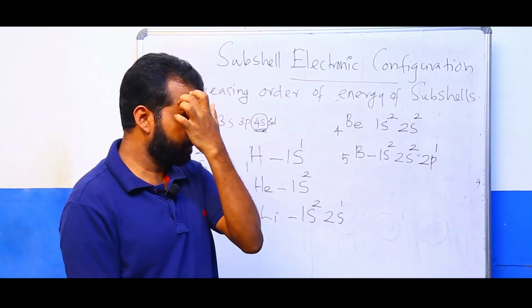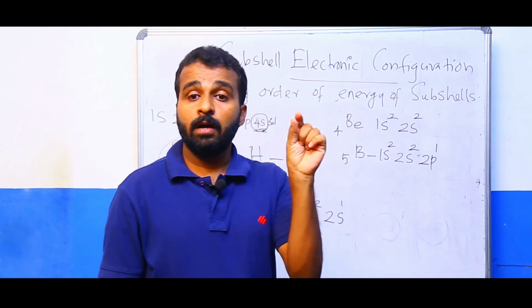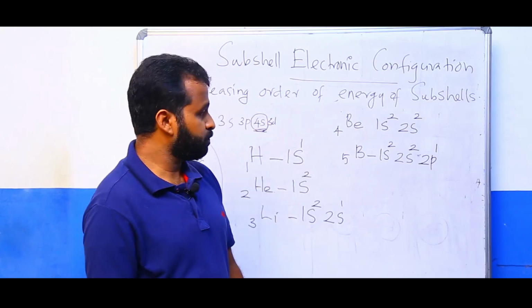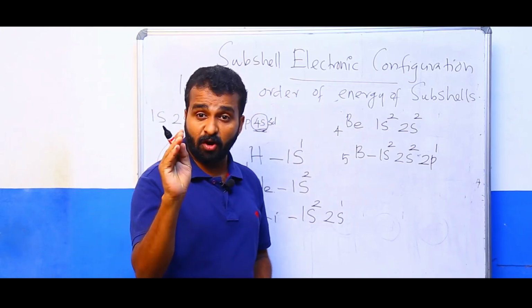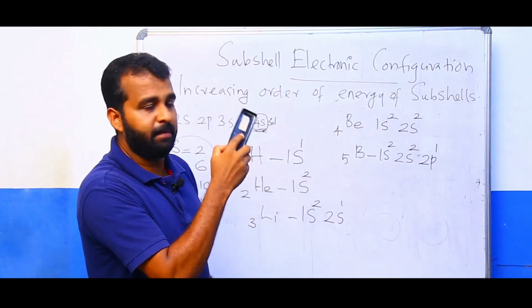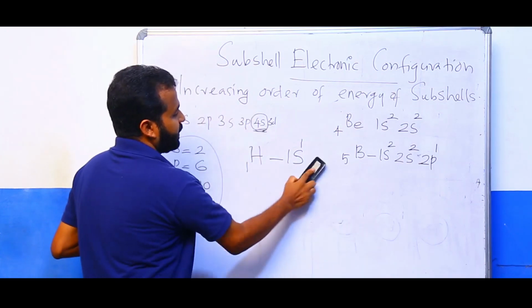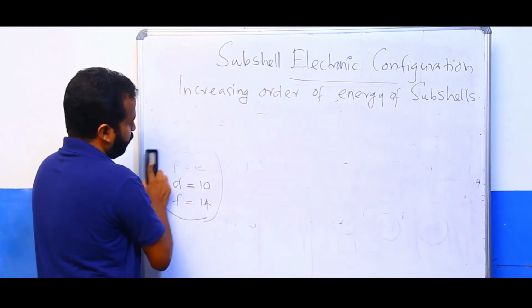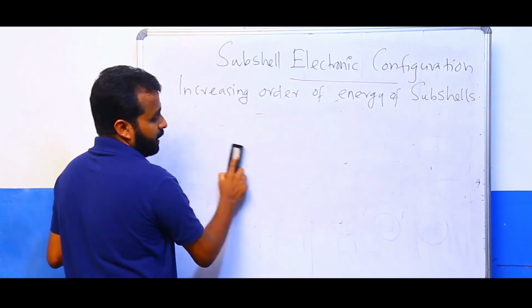Okay. So all of you take your notebook and write an assignment. The question is: write the subshell electronic configuration of the following elements.